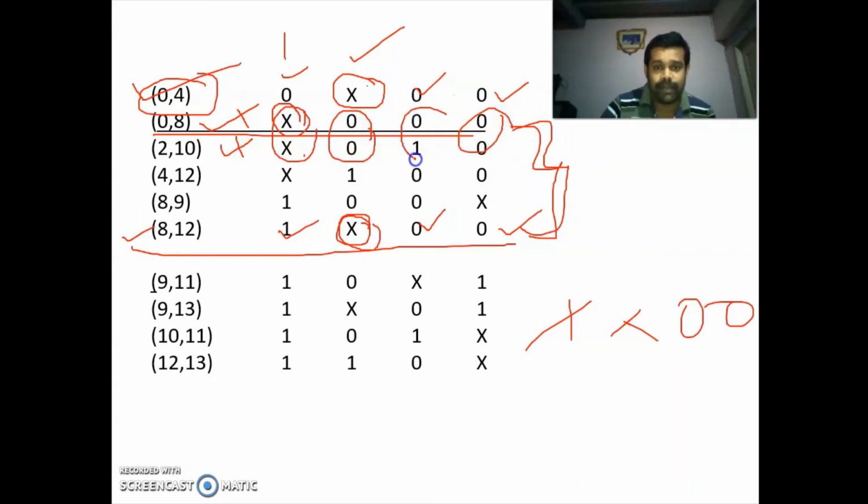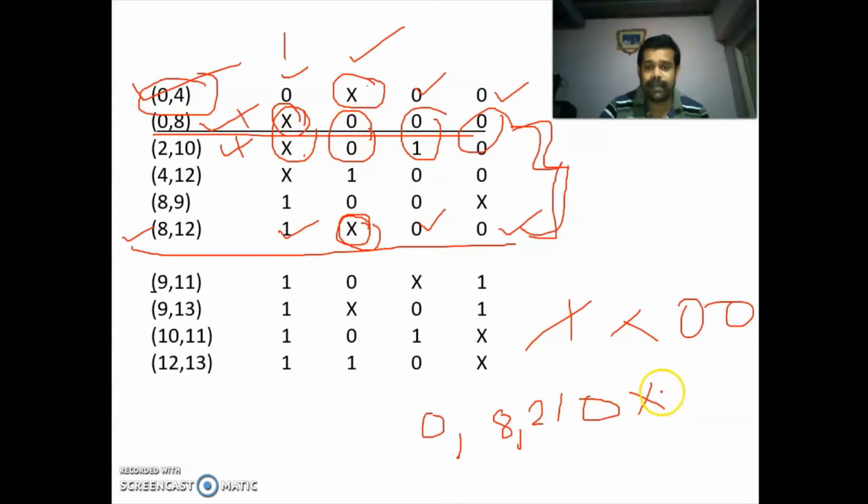They are differing only by one bit. So you can write like this: 0, 8, 2, 10. First one same x, second one same 0. Next one is changing, x, then 0. Similarly, you are having another x here.